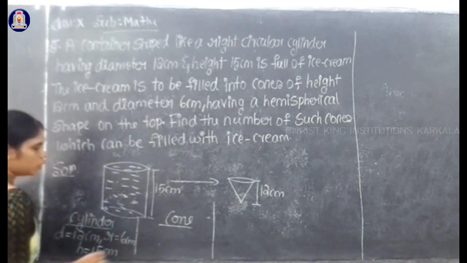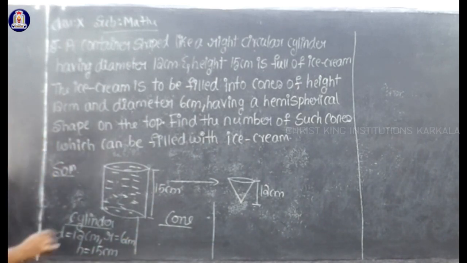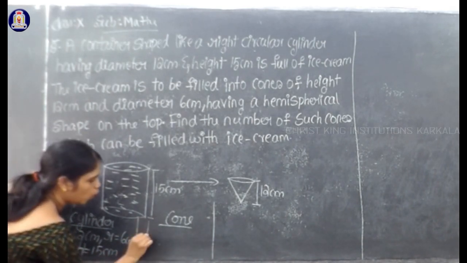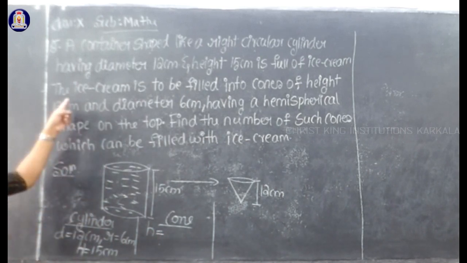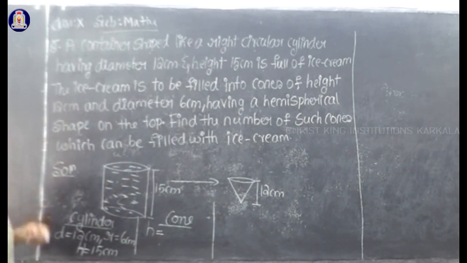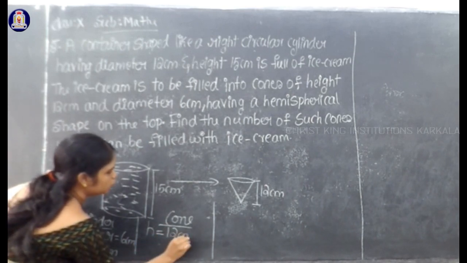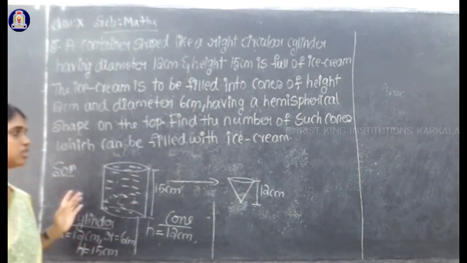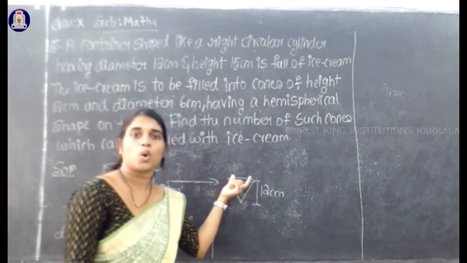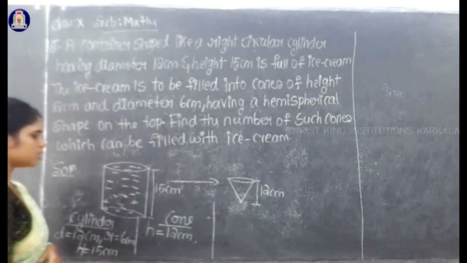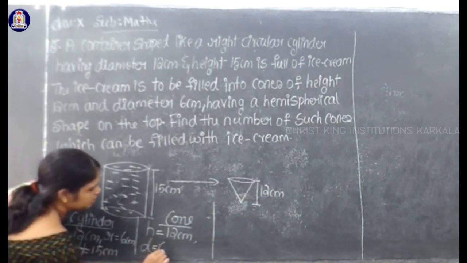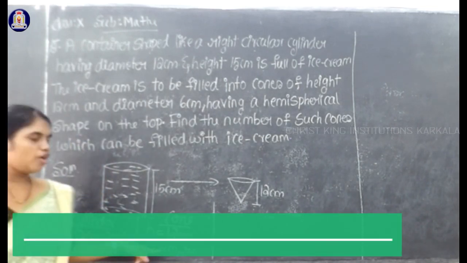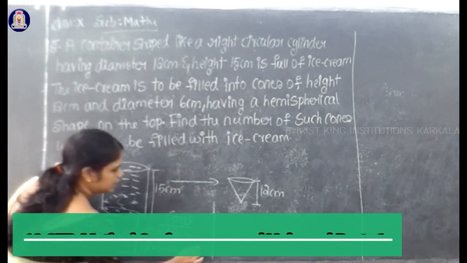I will represent the height of the cylinder by capital letter H and the height of the cone by small letter h. The height is equal to 12 centimeter and the diameter is equal to 6 centimeter. Therefore, the radius, half of the diameter, is equal to 3 centimeter.